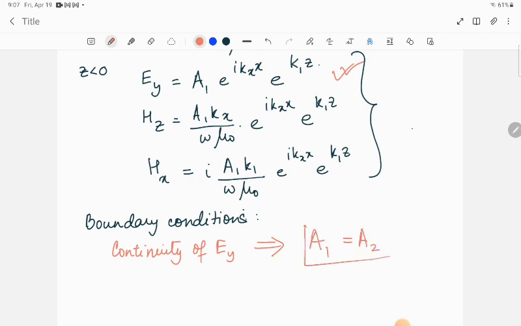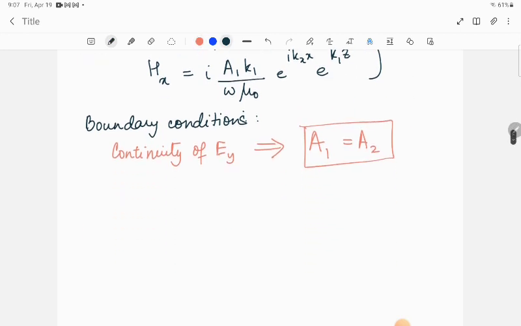This is what we get, and for the other condition, Hx is also continuous across the boundary, because there is no free current at the interface. So continuity of Hx at z equal to 0 across the boundary.